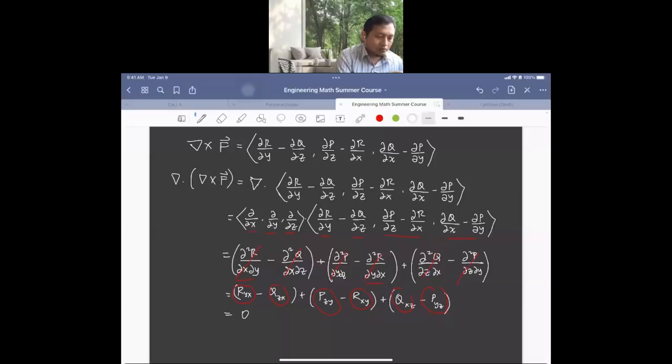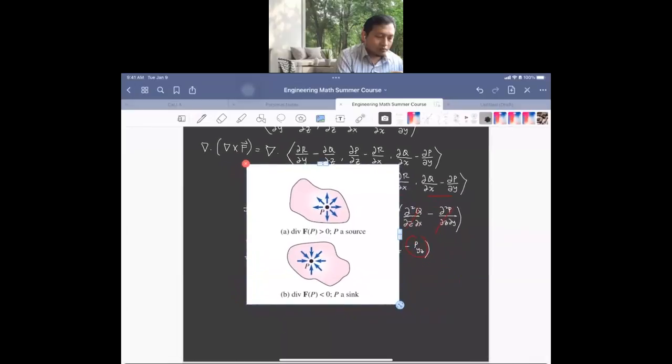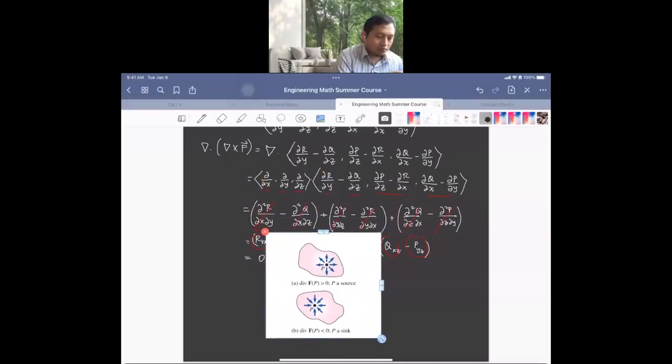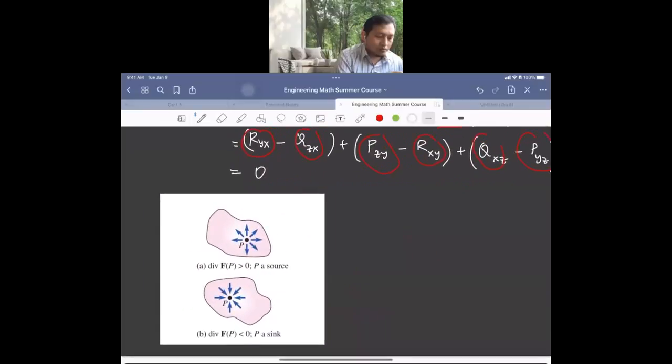The curl and divergence. We can also write something like this: if we have a positive divergence value, it means we are going to take from this one point and it goes outside, so we call P a source.